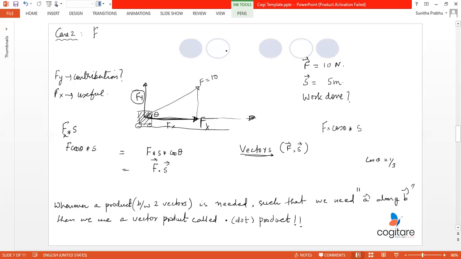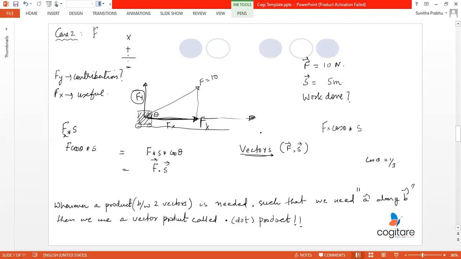So just like this symbol means multiplication, this symbol means addition, division, subtraction. This is all arithmetic. Now, this you will use when you are having scalar quantities. Now you are having stuff which has magnitude as well as direction, and you want to multiply them.